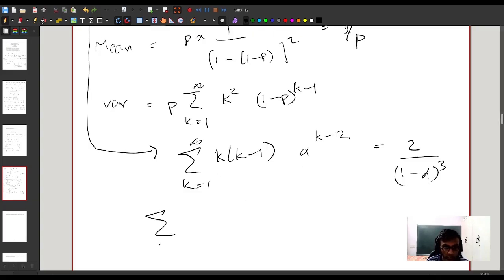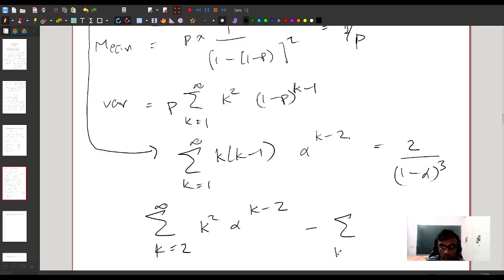The k equal to 1 term doesn't contribute anything, so this is k from 2 to infinity, k square alpha to the k minus 2, minus the sum from k equal to 2 to infinity of k times alpha to the k minus 2.